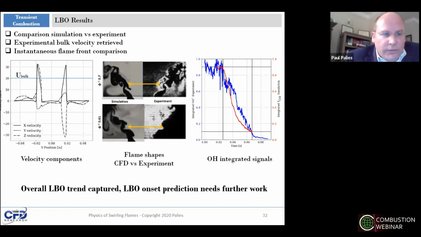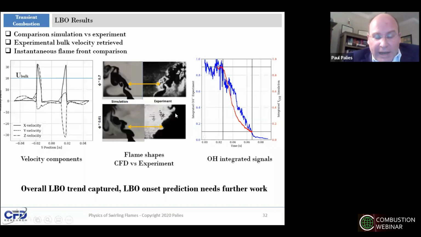You see the bulk flow velocity from experiment, nearly 20 meters per second, and the profile. By integrating this velocity profile a posteriori, you retrieve the experimental bulk velocity. That's encouraging as a validation step.